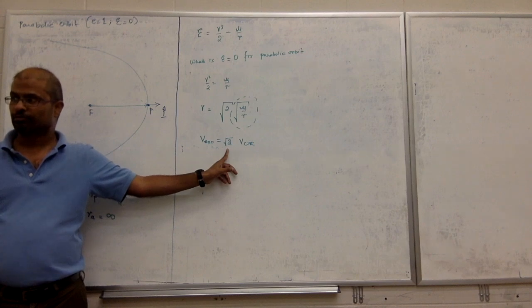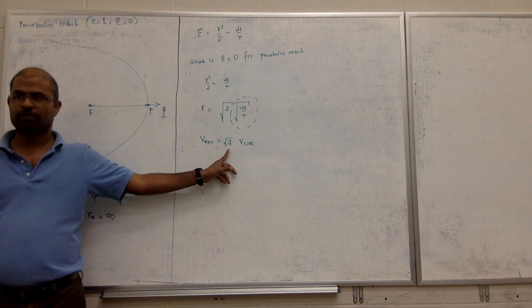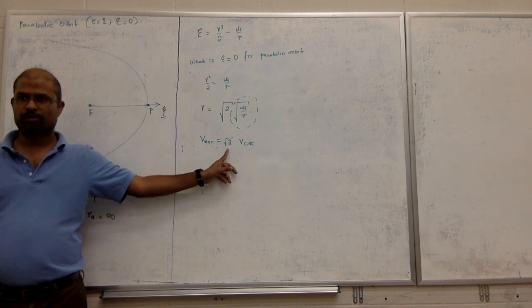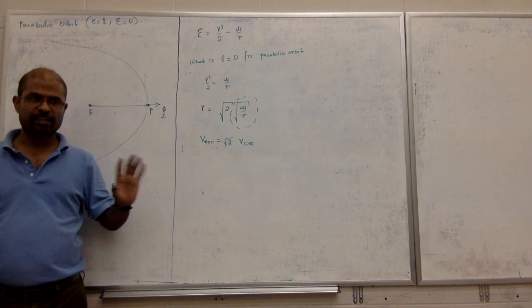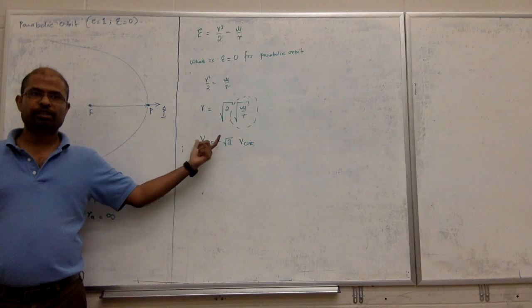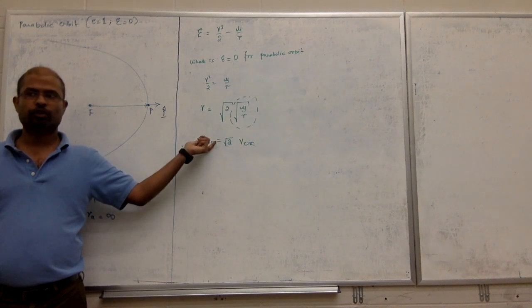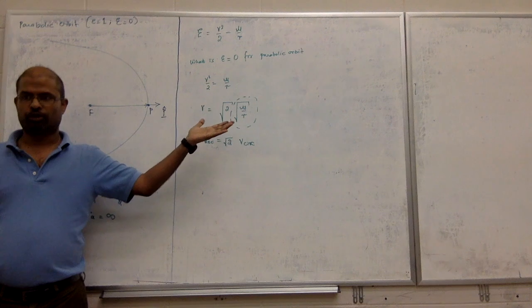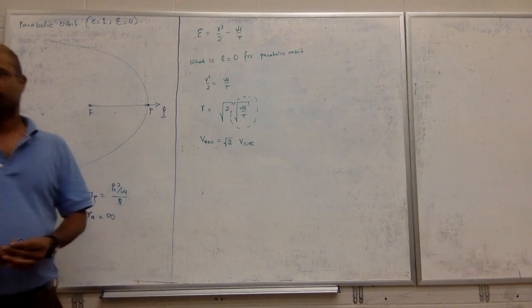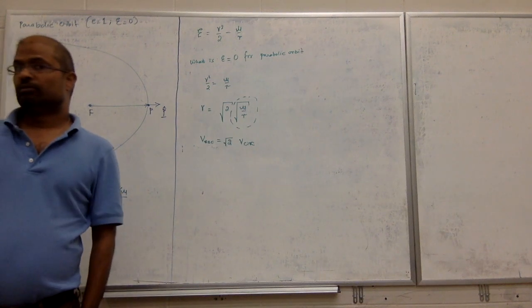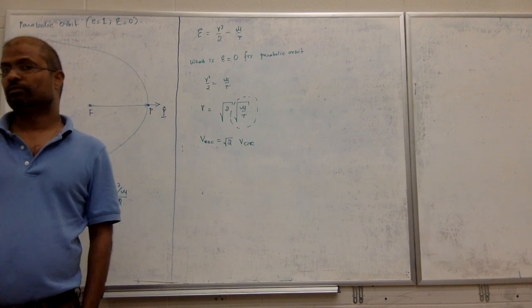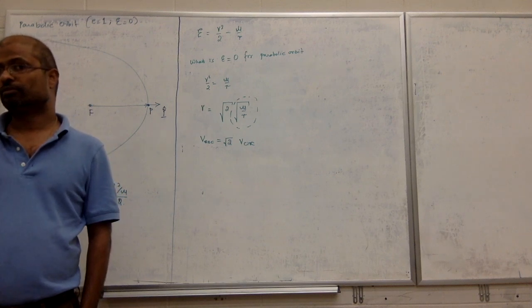If you are in any circular orbit and increase the speed by root 2 times, you're going to escape. If you increase it slightly more, you're going to go into a hyperbolic orbit.